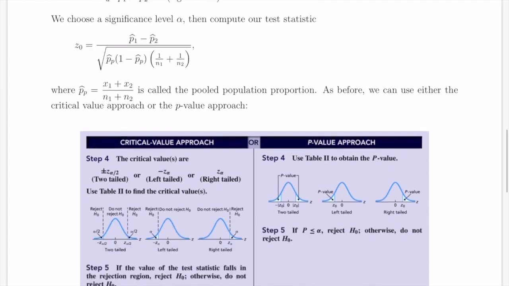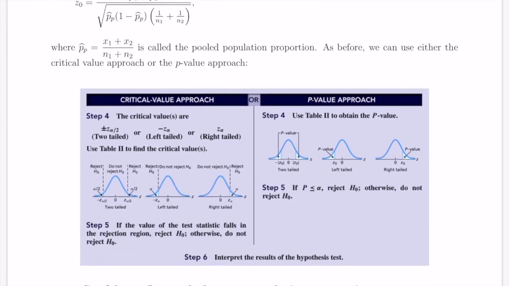But you can do either the critical value or the p-value approach. So again, for the critical value, once you have your significance level alpha, you can compute your critical values. And then if your test statistic lies in the rejection range, you reject the null hypothesis. If it does not lie in the rejection range, you do not reject the null hypothesis. Remember that the critical values are part of the rejection range, as always.